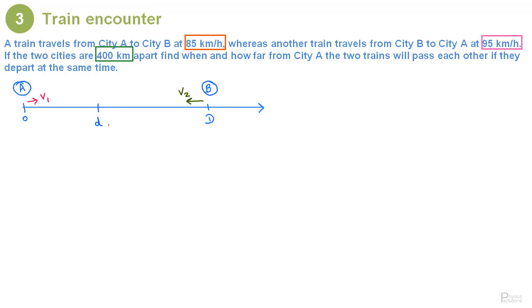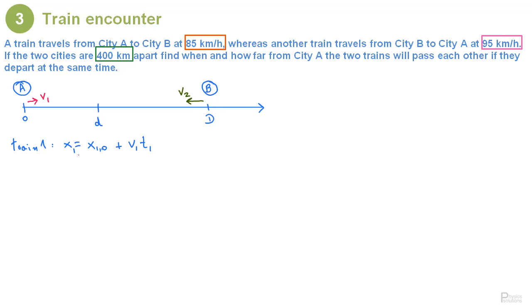In previous examples, we only had one equation because we only had one object. Now we have two trains, two objects that are moving, so we're going to have one equation for each train. Let's start with train 1. The equation of motion is x, I will call it x1, equals x1 0, the initial coordinate of train number 1, plus v1 times t1.